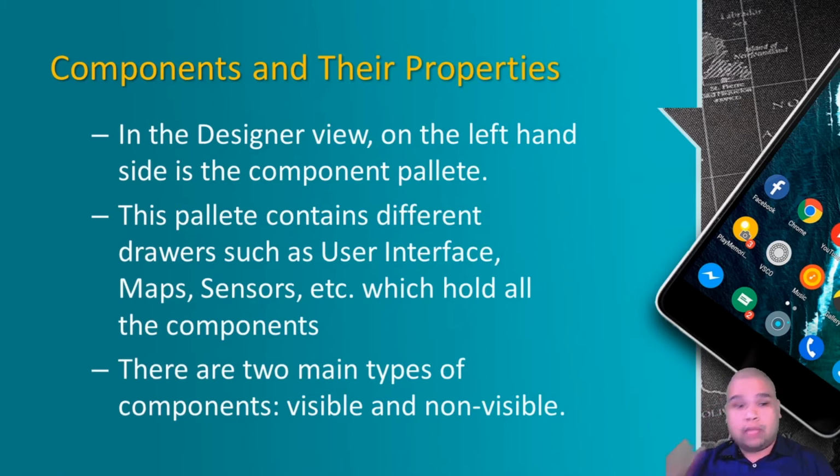This palette contains different drawers such as user interface, maps, sensors, etc., which hold all the components. Regarding components, we have two main types: the visible and non-visible components.